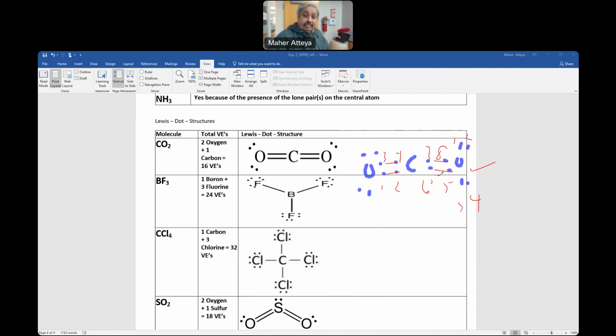So carbon is 8. In the case of oxygen, it has 2 sets of bonding and 2 sets of non-bonding. This is called non-bonding.